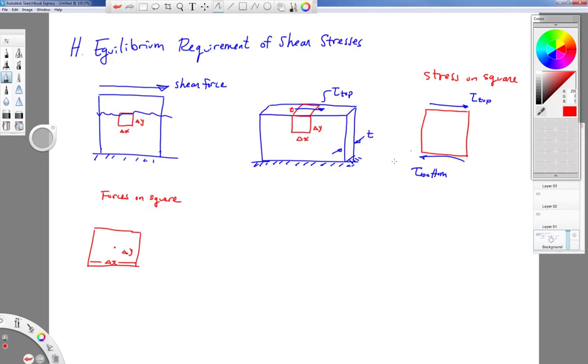If we have an average shearing stress, we can multiply the stress times the area to get a force. So we have a force on the top, and that's going to be equal to my shearing stress on the top times the area that I have here. And that area is going to be, in this case, delta x by dimension t.